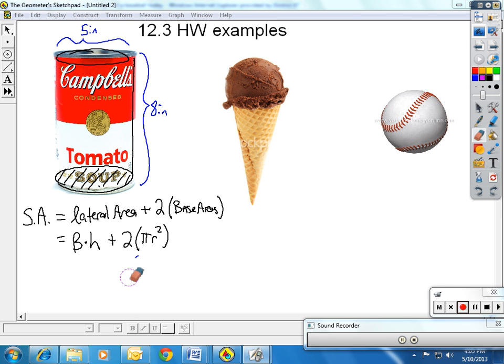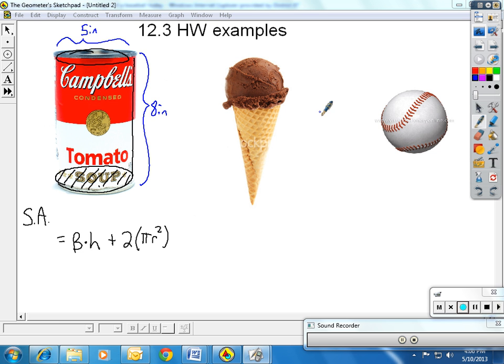Now the cone is not a flat top, so we can expect some differences here, something maybe a little bit new. The cone does have a net though, so we're looking at the waffle cone, and if I wanted to know the surface area of the waffle part, I would be looking at the surface area of the cone.